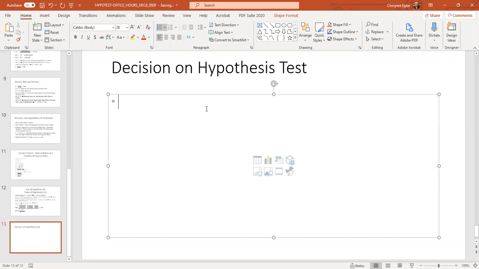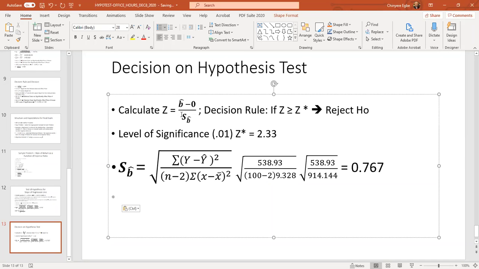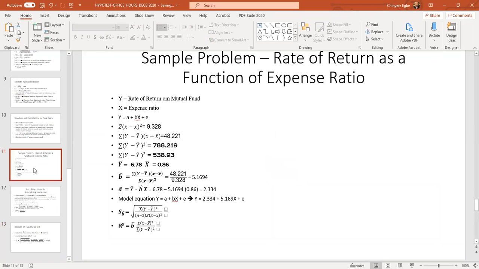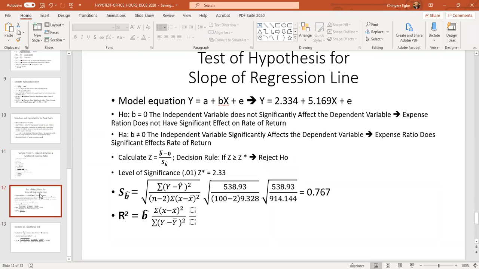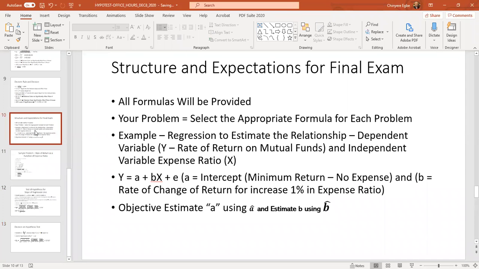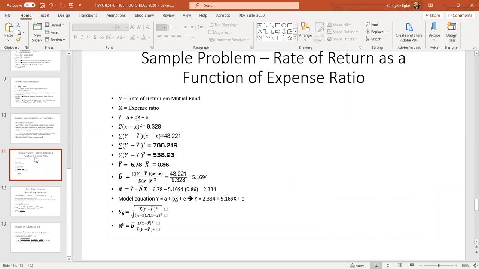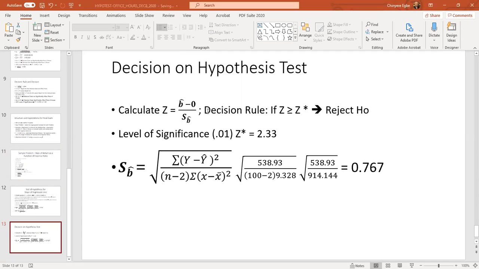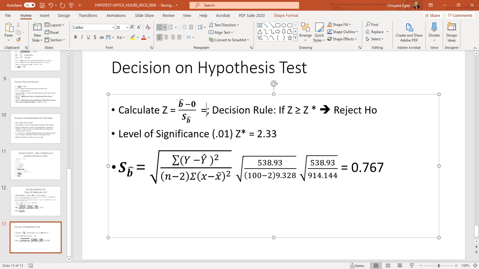We calculate Z of B hat equal to B hat minus 0 over the standard error of B. And so what was B hat? Does anybody remember what B hat was? B hat was 5.1694, right?